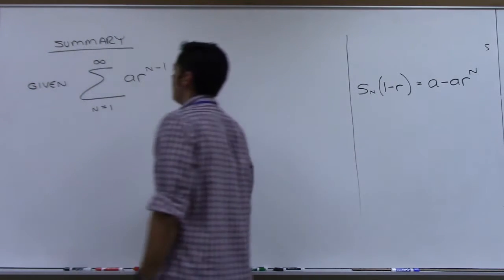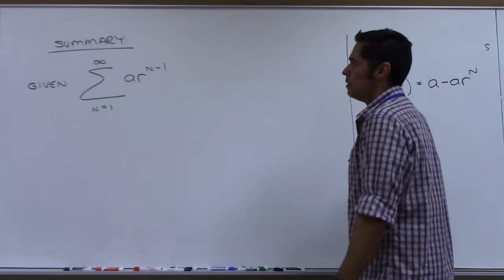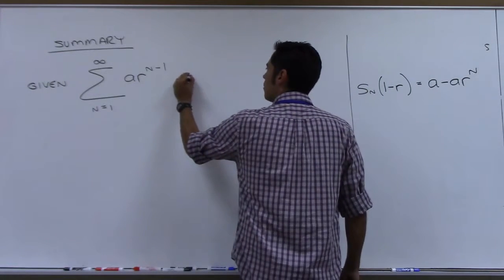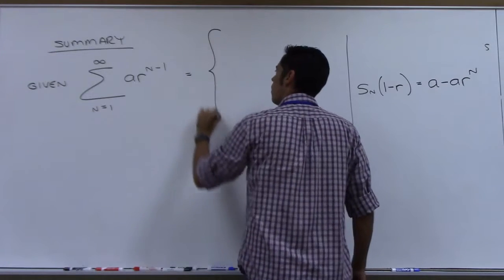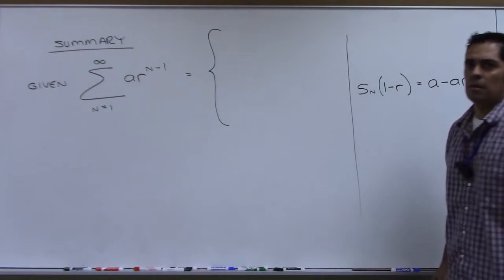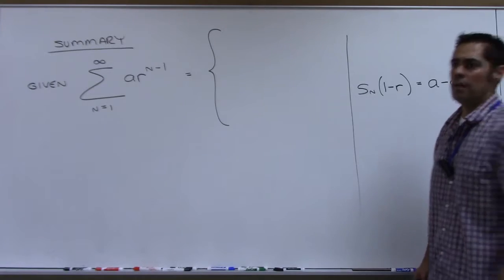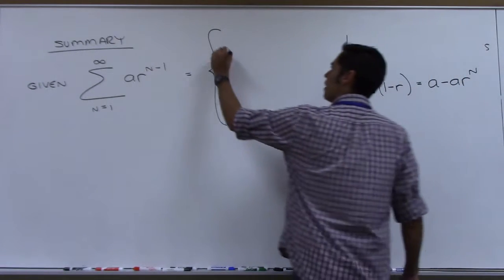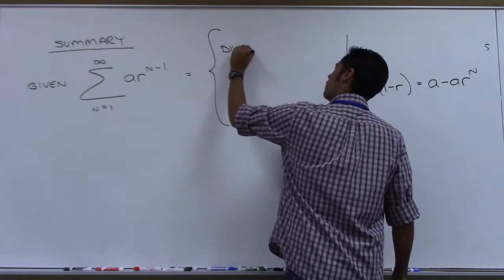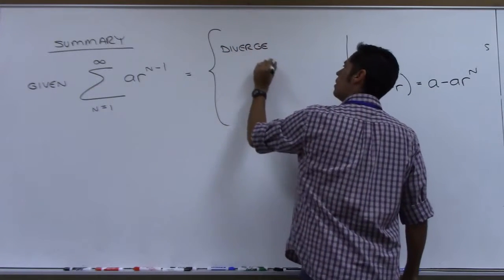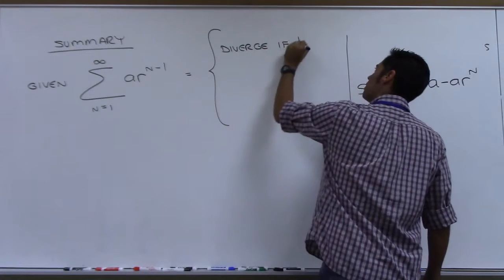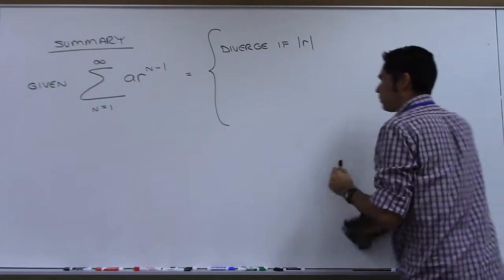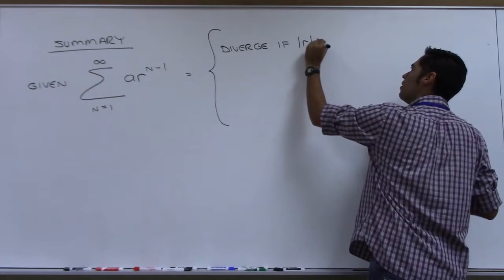Given this geometric series, this thing can really be equal to one of two things. First of all, it can diverge, right? It'll diverge if the absolute value of R is greater than or equal to 1.